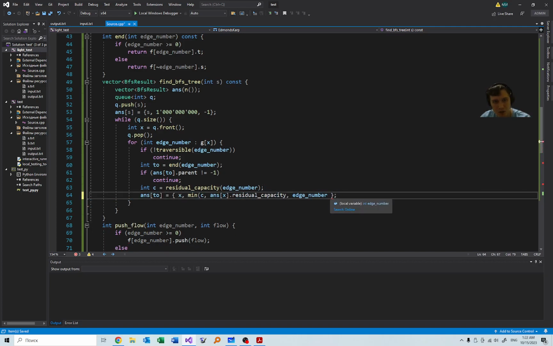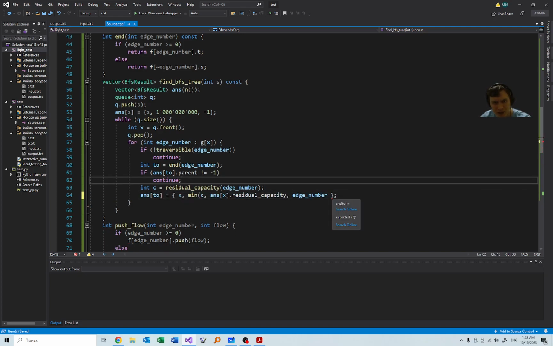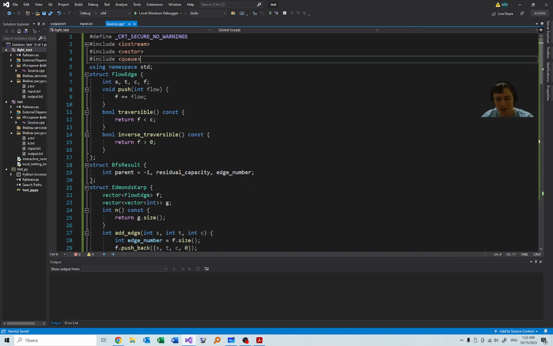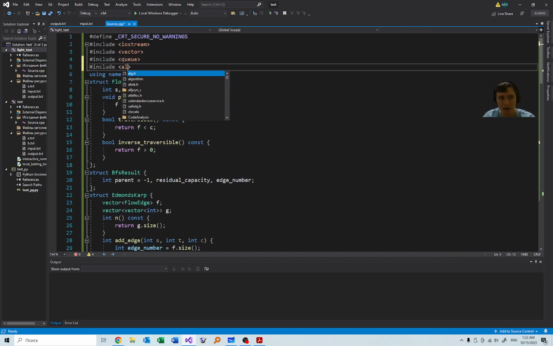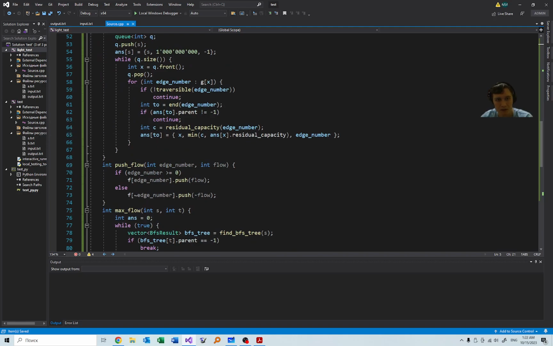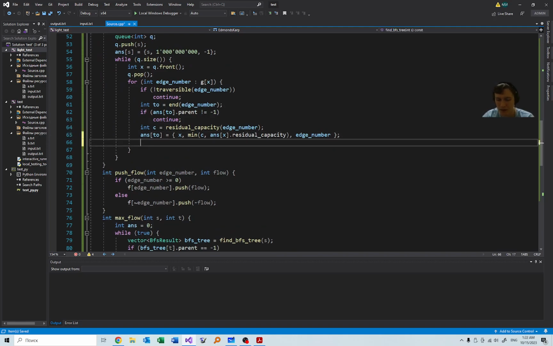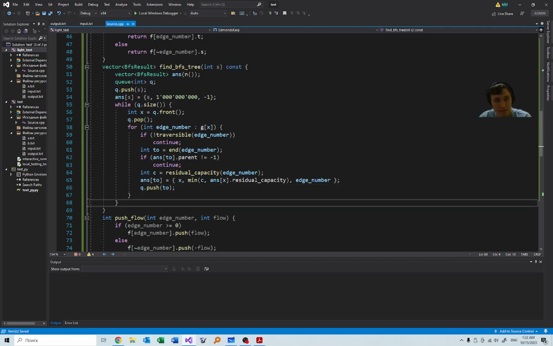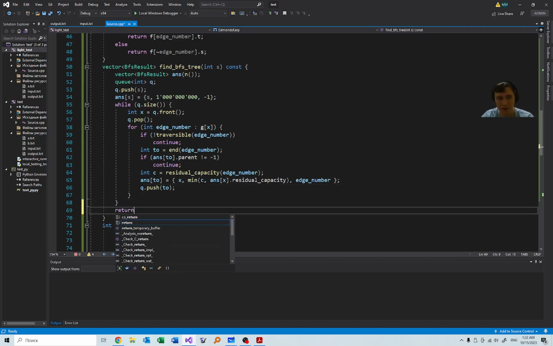Okay, now when we have found this, why doesn't it work? Because of this, and since I used minimum, I need to add algorithm. I finally q.push to whatever, and finally return.